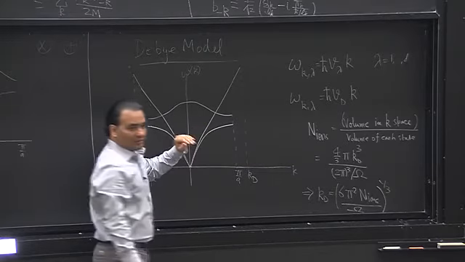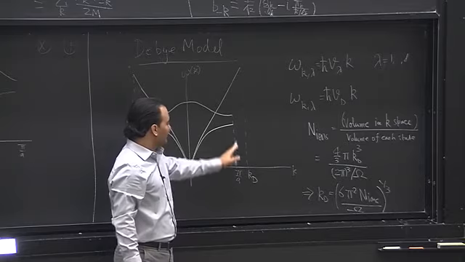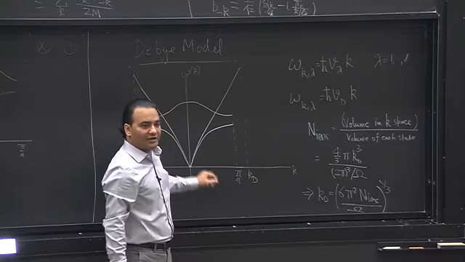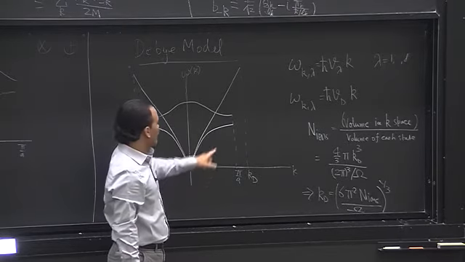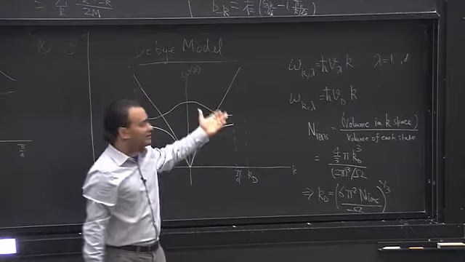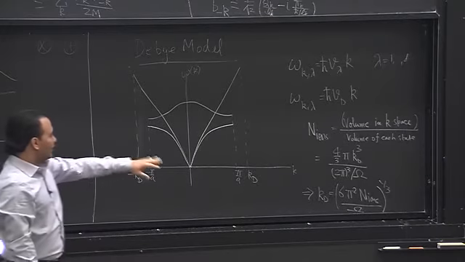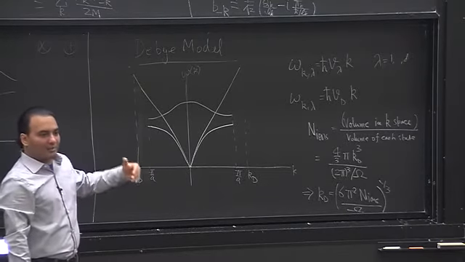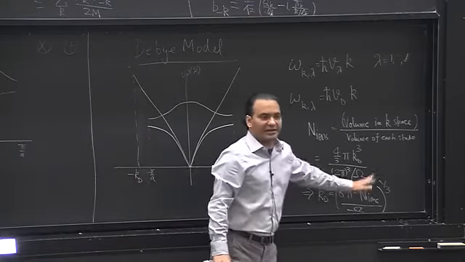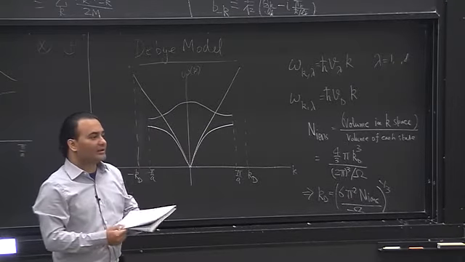One easy way to see it is that the number of k states in the acoustic branch will be replaced; for each k mode you need an energy. So up to here is accounted for, but you have to account for the optical branch, so this has to go beyond the first Brillouin zone. But you can try to write down a model just for the acoustic branch and then show mathematically that this is greater than pi over a. Any other questions?